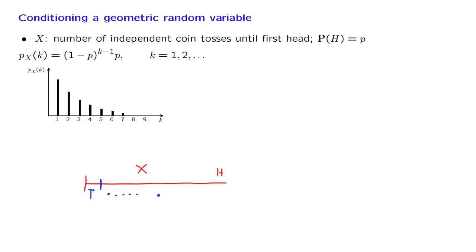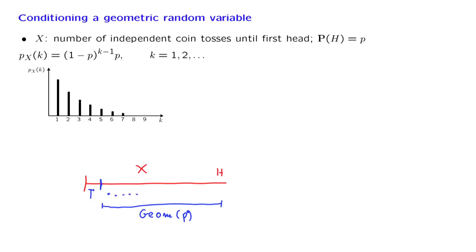Well, you will be making independent coin tosses until the first heads. So the number of such tosses will be a random variable which is geometric with parameter p. So this duration, as far as you are concerned, is geometric with parameter p.